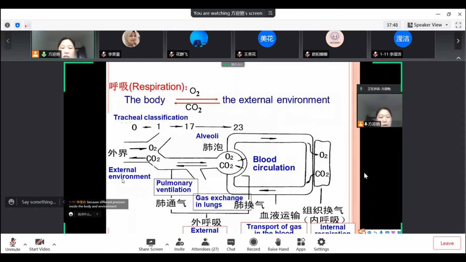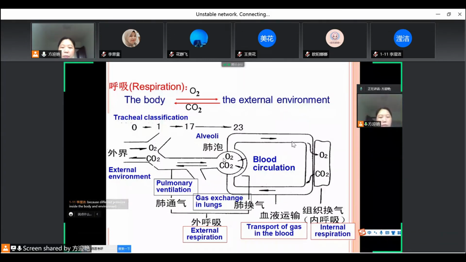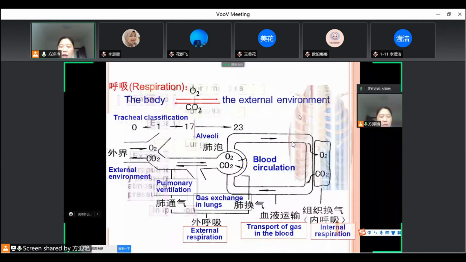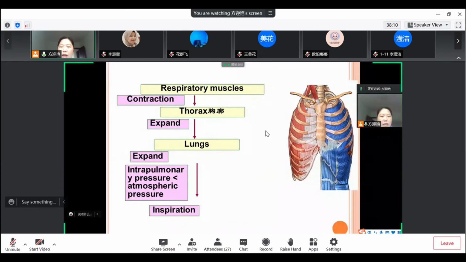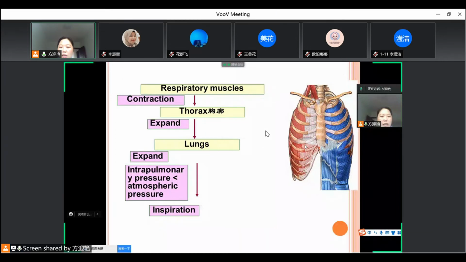And also, we know that because of the difference with the external environment, the lung cannot move by itself. So the lung changes because of the respiratory muscles.